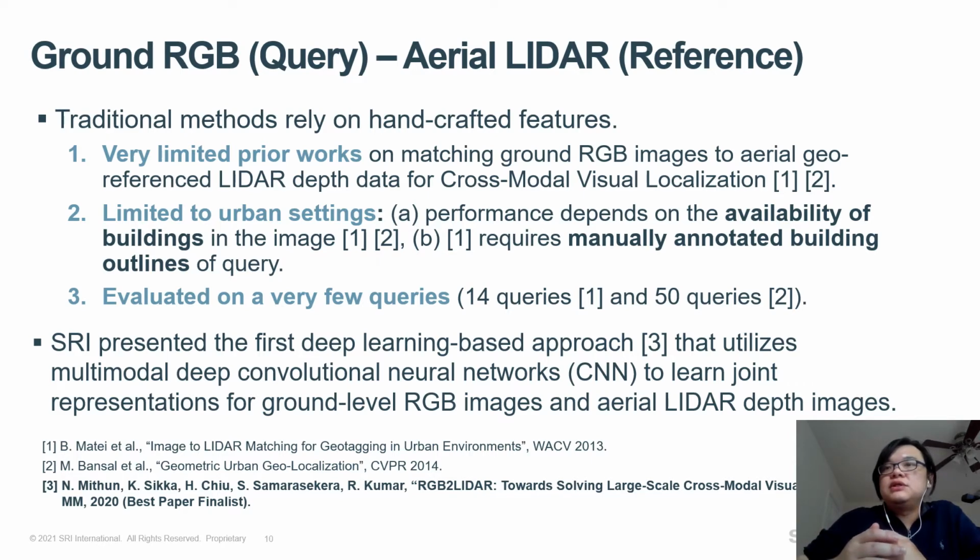Also, the difference between the camera image and the LiDAR point cloud is very big. The appearance changes a lot between the image and the LiDAR point cloud. And because of the viewing direction, the aerial LiDAR sometimes misses information along the vertical direction. For example, when you scan a building, the information on its vertical edges may be missed.